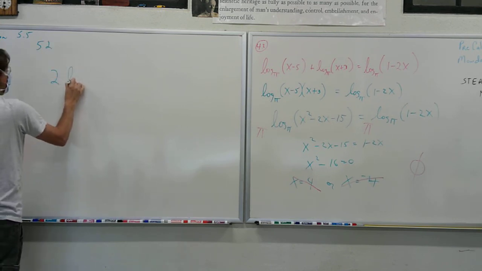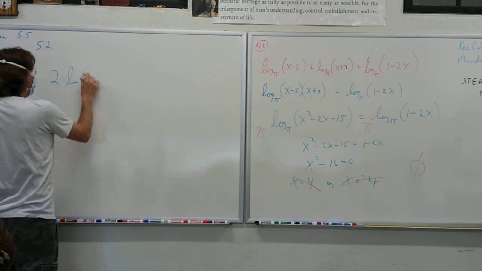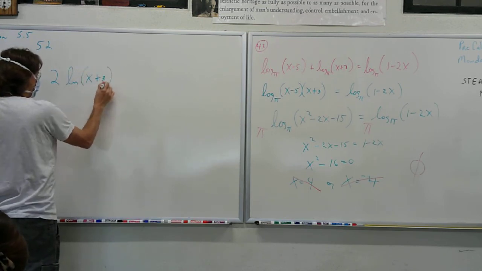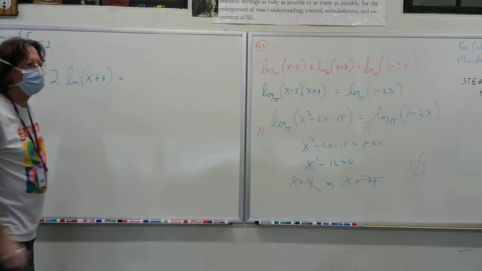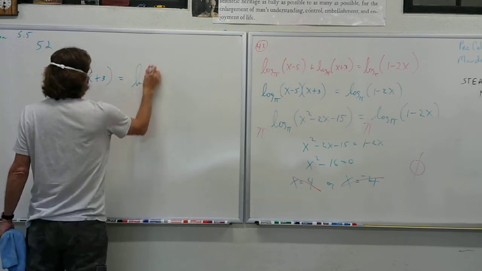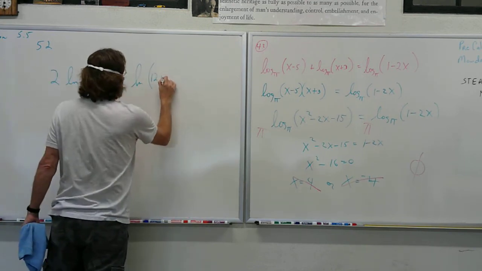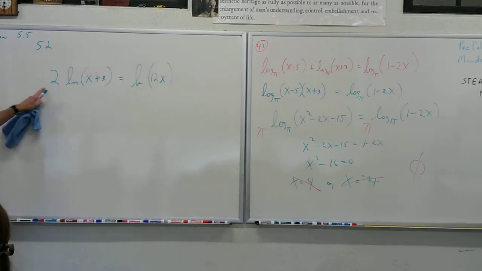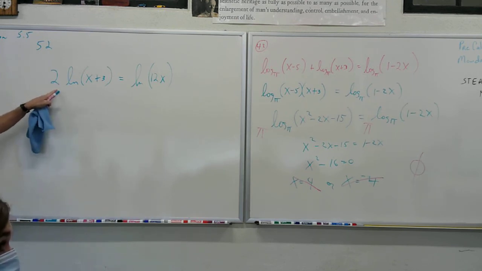2 natural log of (x plus 3) equals natural log of 12x. I want to put an e right here, but I can't because there's a 2 there.